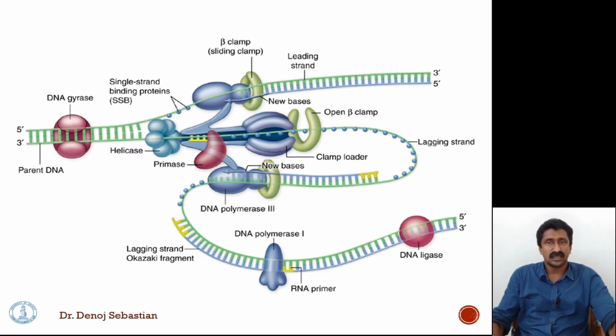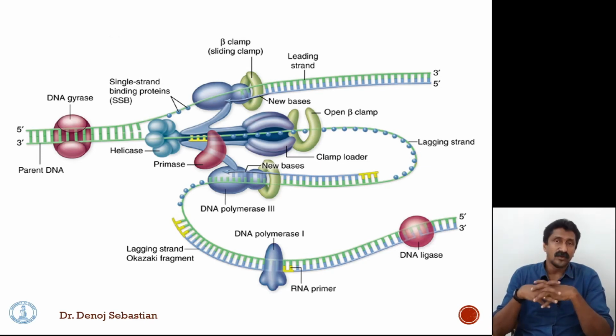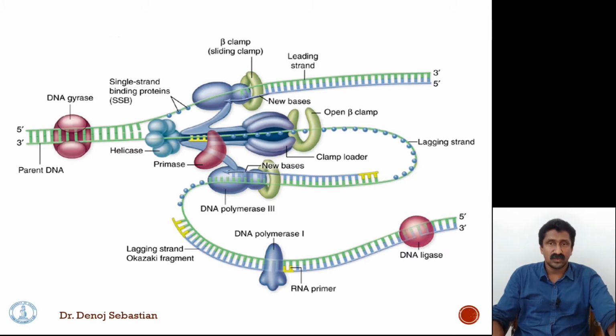Now this is the polymerase enzyme with all the different subunits, and this is the sliding clamp, which keeps the polymerase sticking onto the strands just like a cable car without falling off. This is the beta clamp, and these are the polymerases. And now these are the two subunits of polymerase 3.